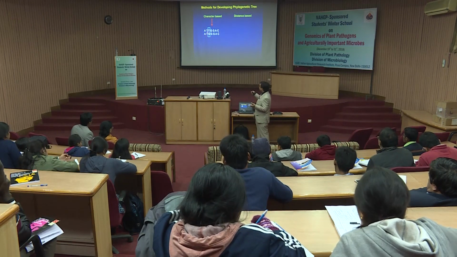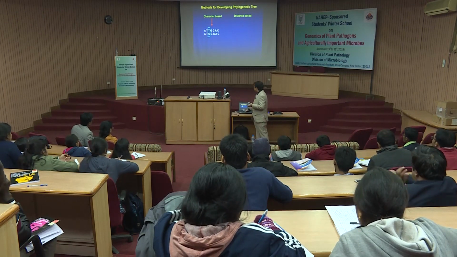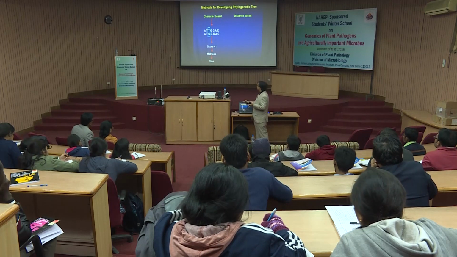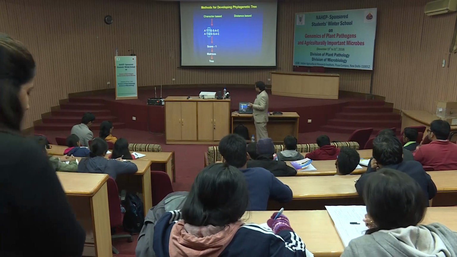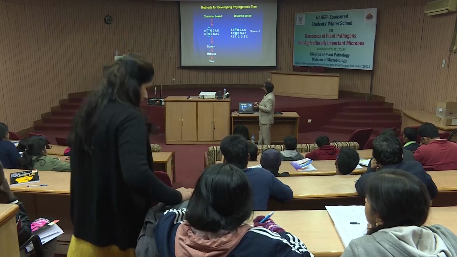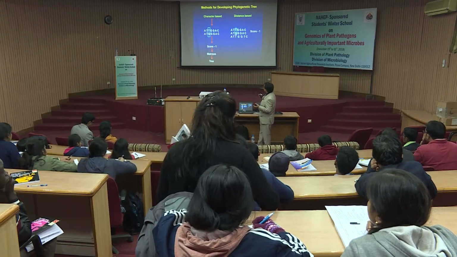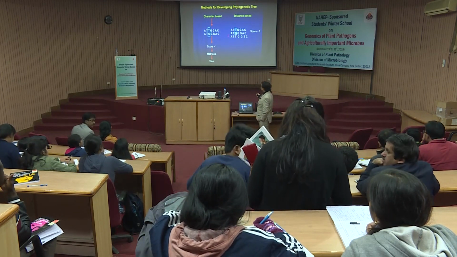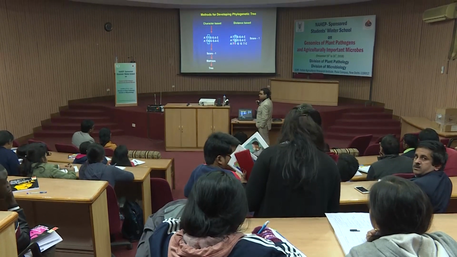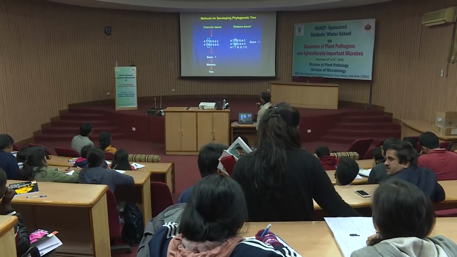This T is mutated to G, so it will generate a score value and then a matrix and then a tree. But in the distance based method, suppose these two sequences are there, one is T, one is G, and another sequence you have added, here also T. That does not mean that this sequence is from here.